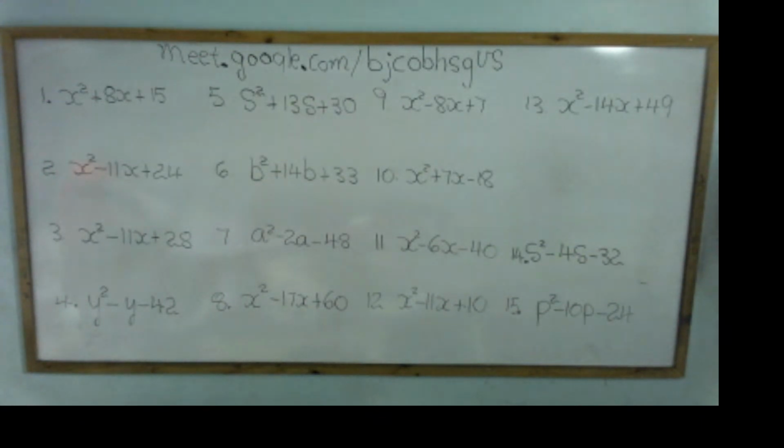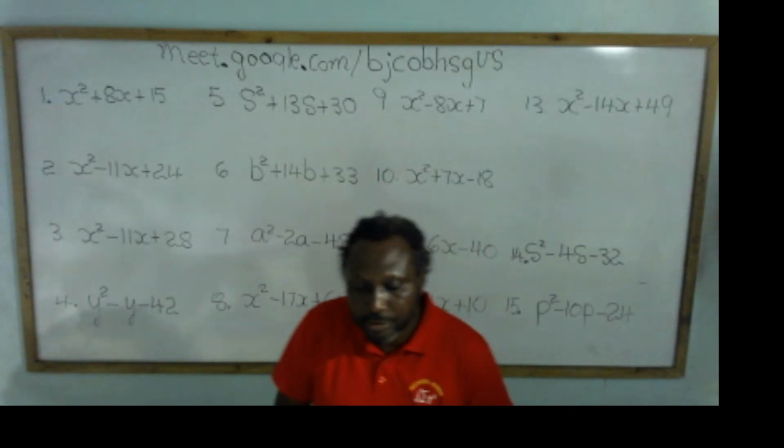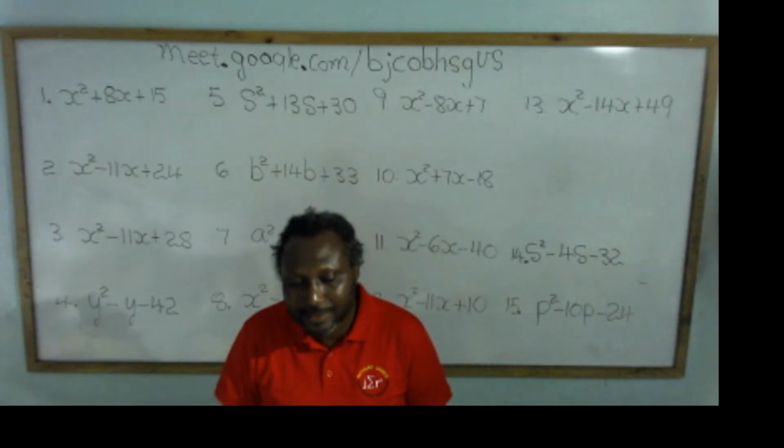The middle number is the sum, and the end number is the product. But it comes with a bit of sophistry because we have a nice mixture of signs to handle.